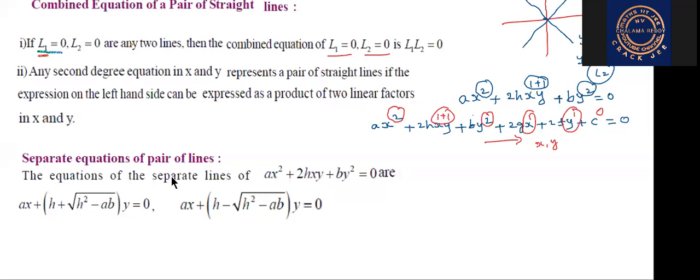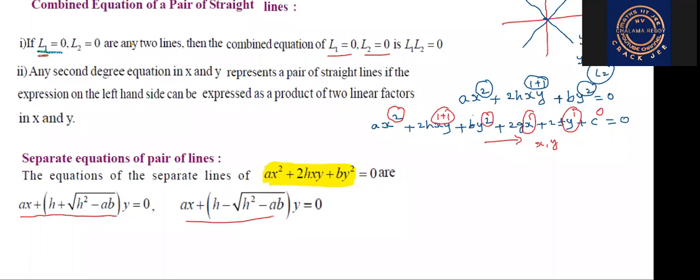Here one pair of straight lines is given, ax square plus 2hxy plus by square is equal to 0. So this is one pair of lines, that means the combined equation of two straight lines. How to find the two straight lines? These are the two straight lines here.